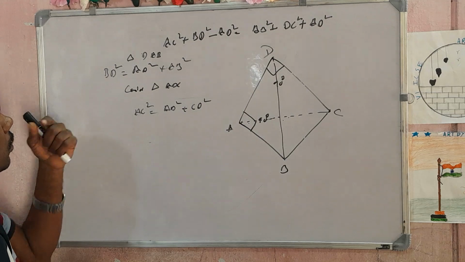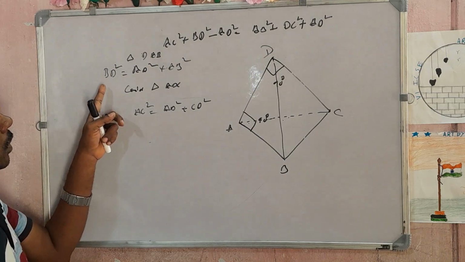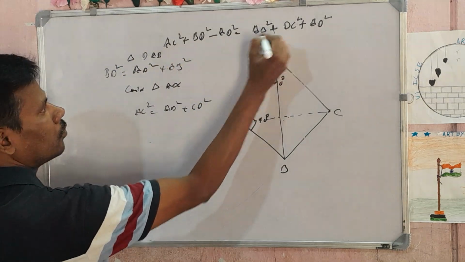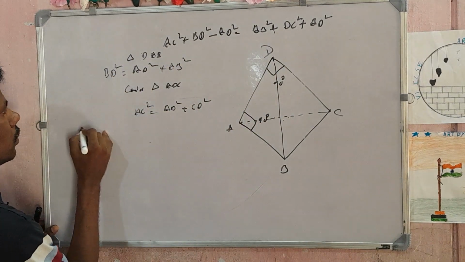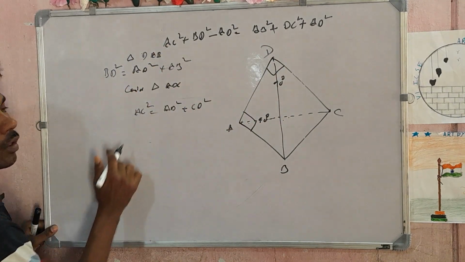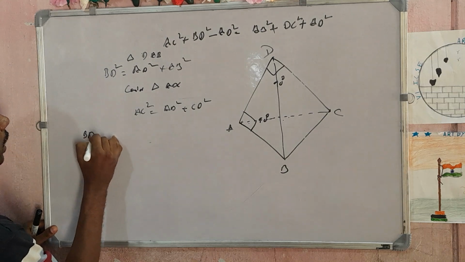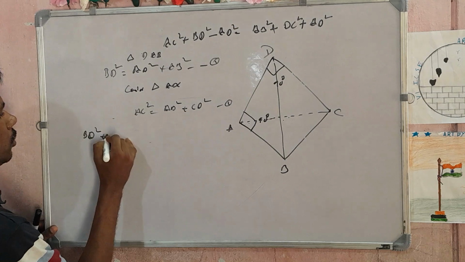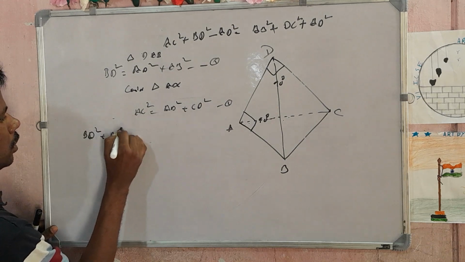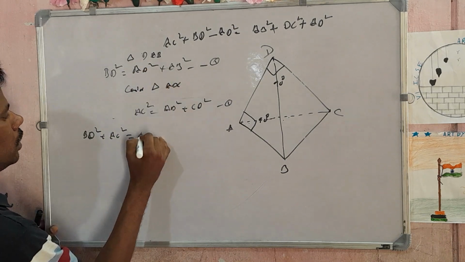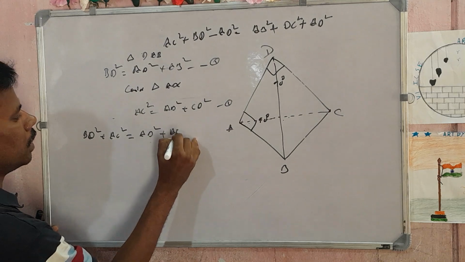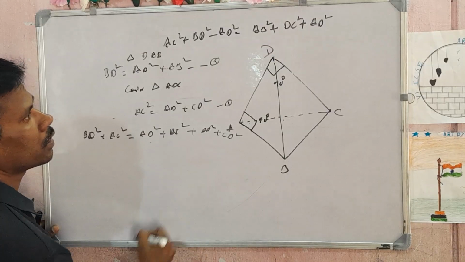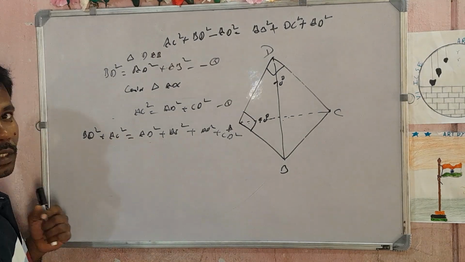Now what you do is add these two conditions. BD square plus AC square is equal to what you will get? AD square plus AB square plus AD square plus CD square, right?